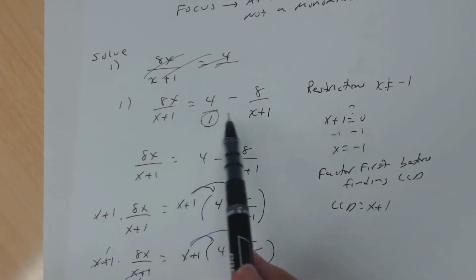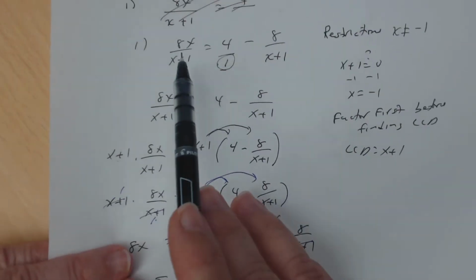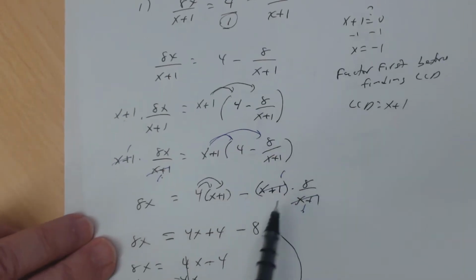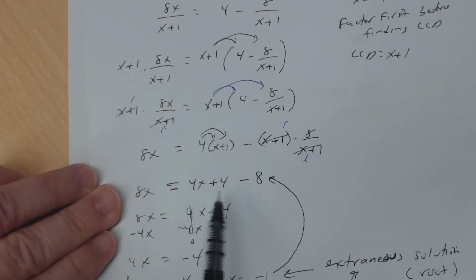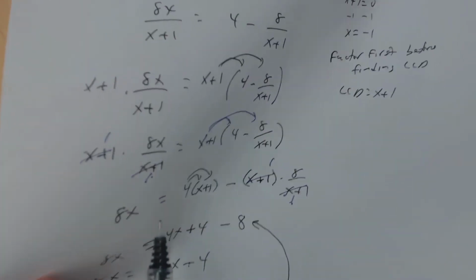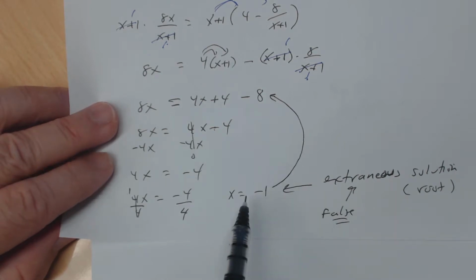See, I had a rational equation. I had variables in the denominator. See, these had variables in the denominator. But when I went from here to here, right here, that's a linear equation with no variables in the denominator. So I can solve this linear equation right here, and I get this solution.